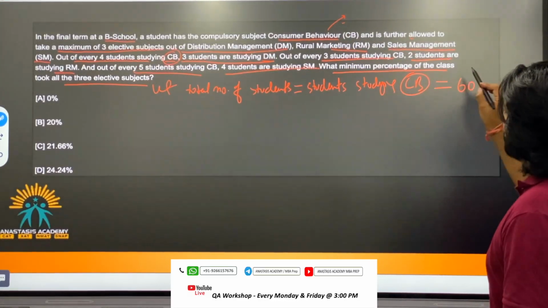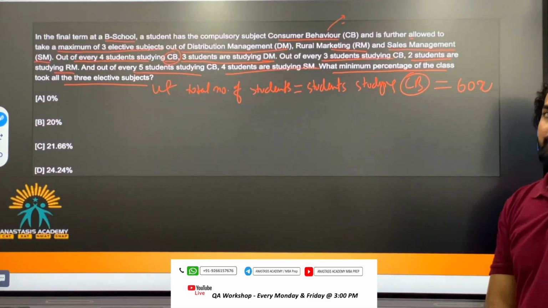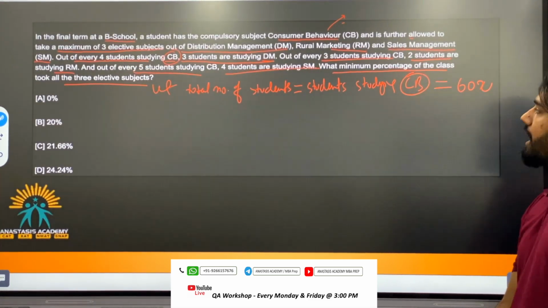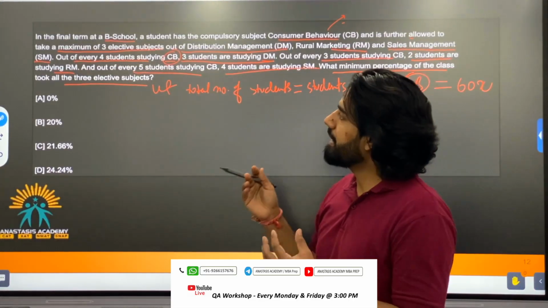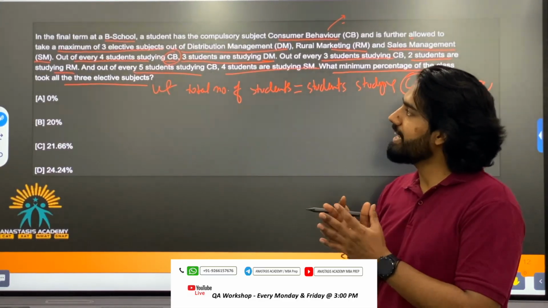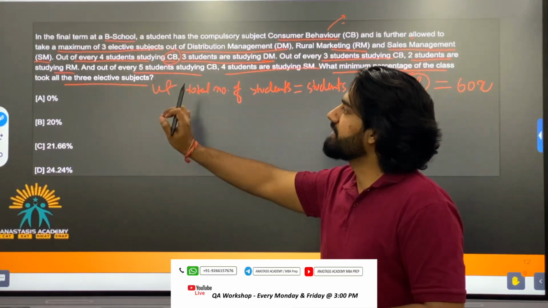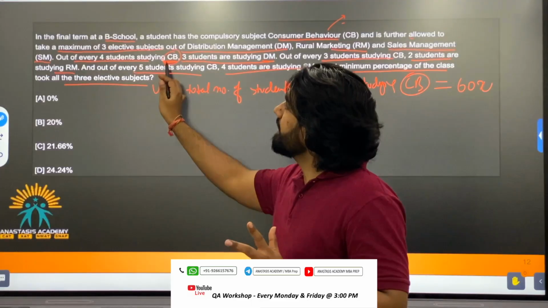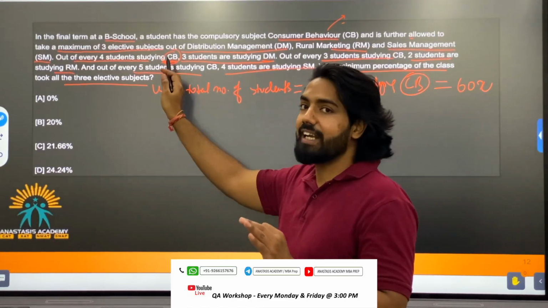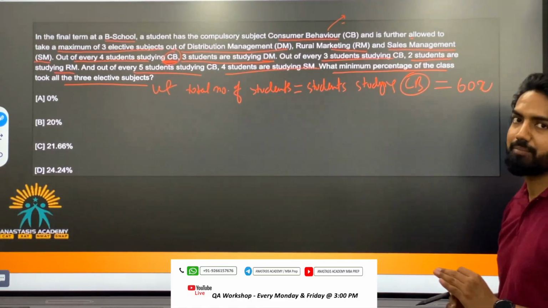So I'm assuming the total number of students as 60x. Why am I choosing this multiple? Because the number of students choosing these electives is given with respect to all the students studying this compulsory subject.